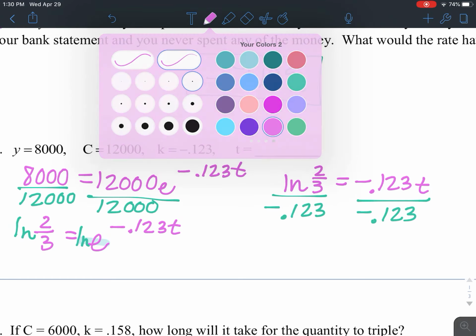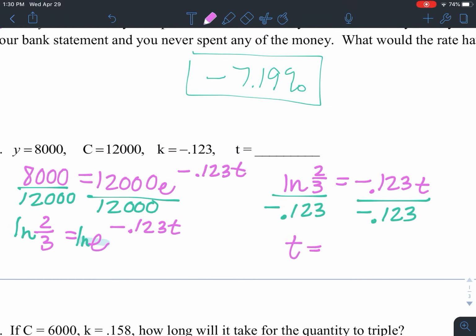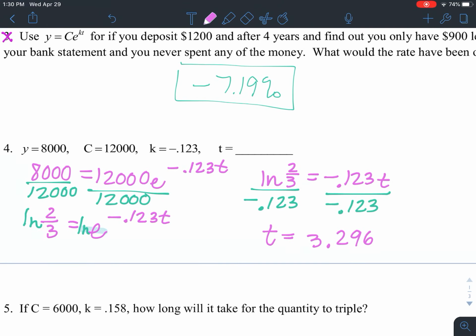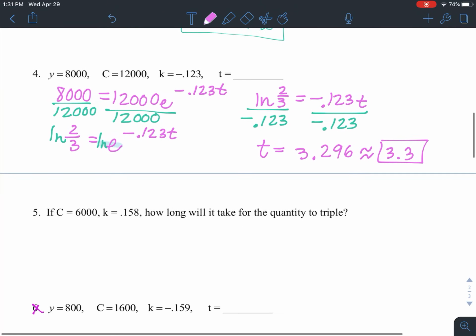Plug and chug that lovely thing into your calculator. Maybe hit pause to make sure you're getting the same thing. And you should get t to be approximately 3.296. We weren't given the units, so it's just 3.3 whatever units. Maybe years, maybe months, who knows.